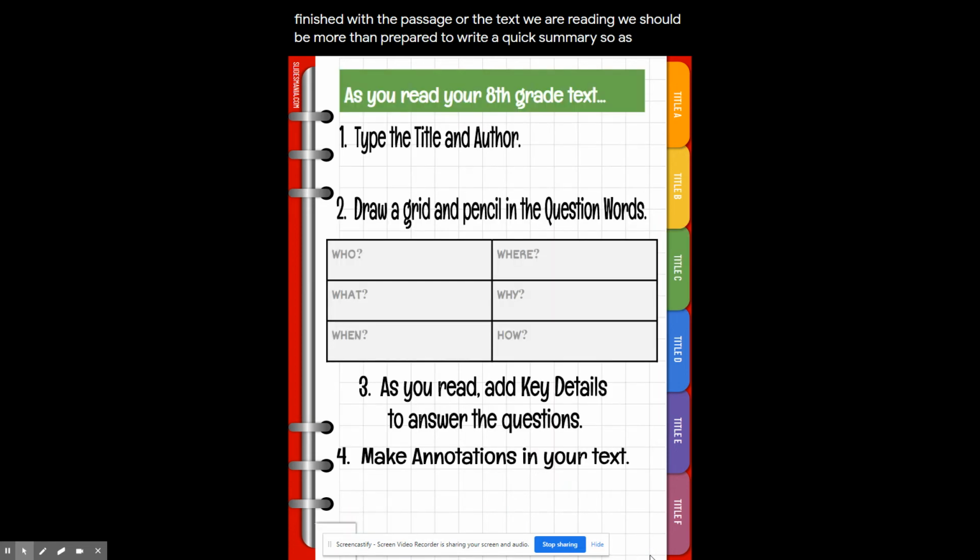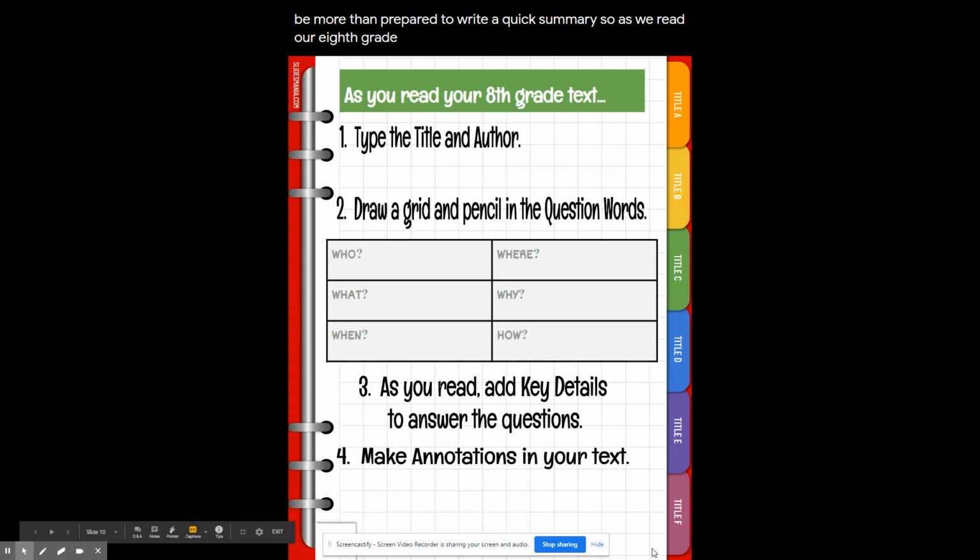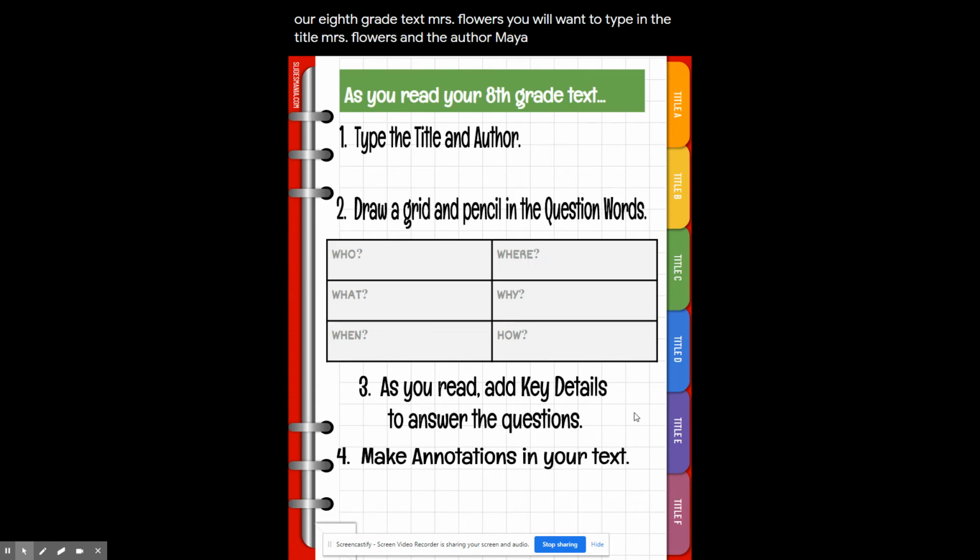So, as we read our 8th grade text, Mrs. Flowers, you will want to type in the title, Mrs. Flowers, and the author, Maya Angelou. Ladies and gentlemen, we know this is an autobiography. That is something else you will want to type in for your summary. You'll want to draw a grid and pencil in question words.